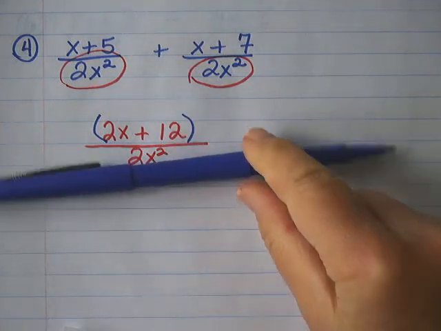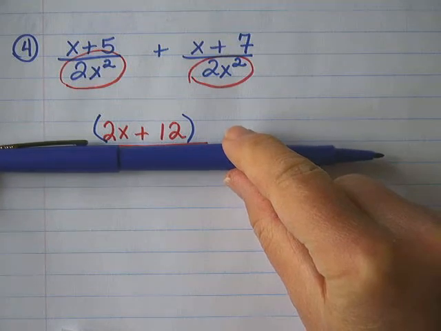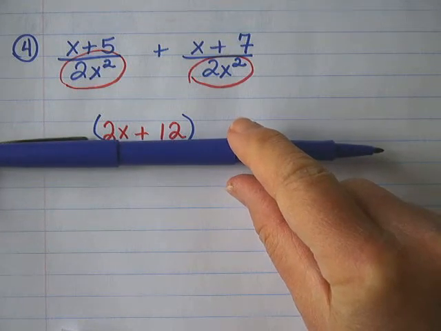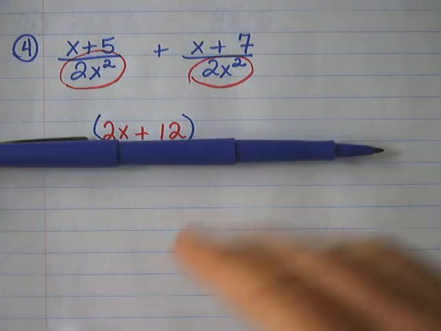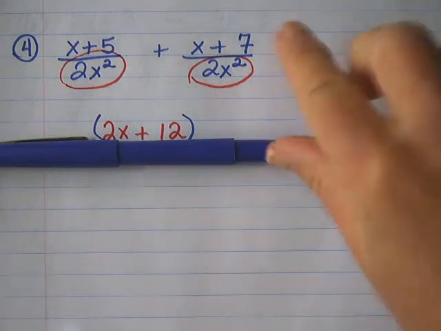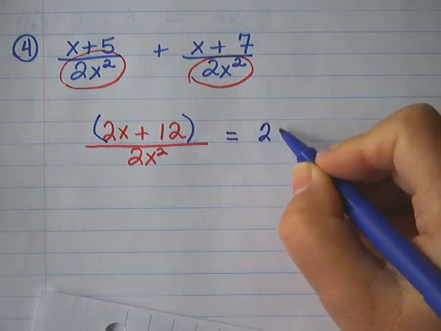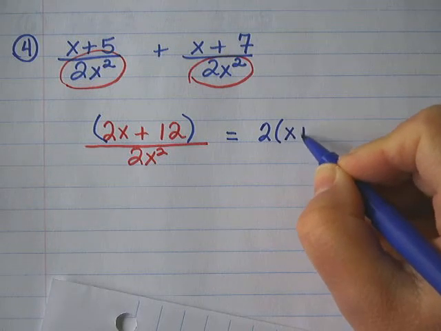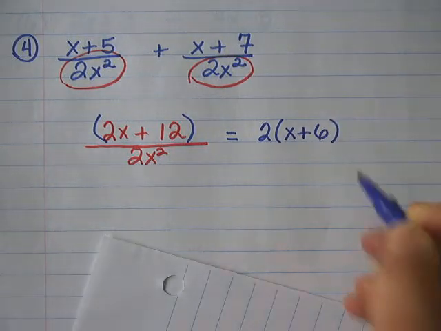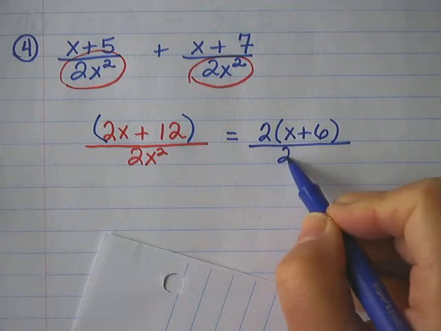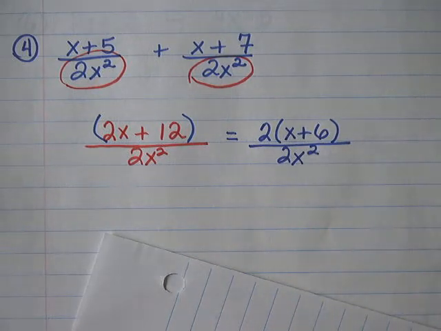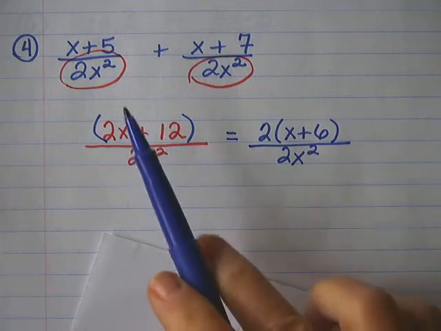But when I look at this numerator and I see that, oh, there's a common factor of 2 here that I could factor out. So wouldn't this be equivalent to 2 times the expression x plus 6 over 2x squared? So again, take a second and look at both of these.